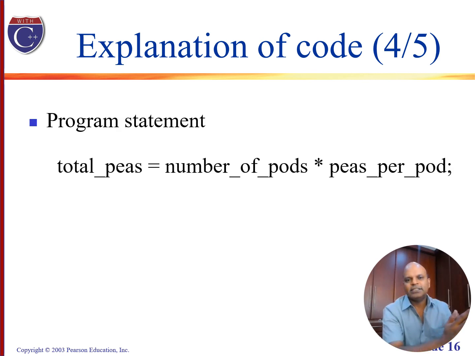Right. So here's total P's. Look at the way total P's has been written, in one word. So there's a rule about variable declaration. A variable must have one name, long or short or whatever, but I cannot have a space in between. So I cannot have total space P's. I'm going to say total underscore P's.